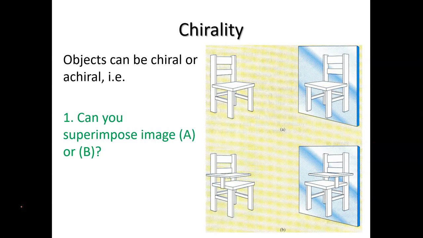In other words, the top one is an achiral compound because the mirror image of that chair is superimposable, meaning that I could take this chair and put it over the top of this other chair and it is superimposable. This chair is chiral, which means it's not superimposable, because this is a right-handed chair where someone who is right-handed would be able to write notes in it easily.